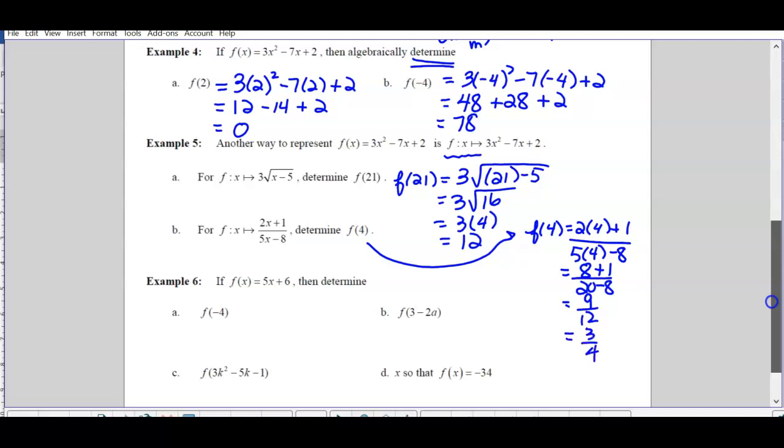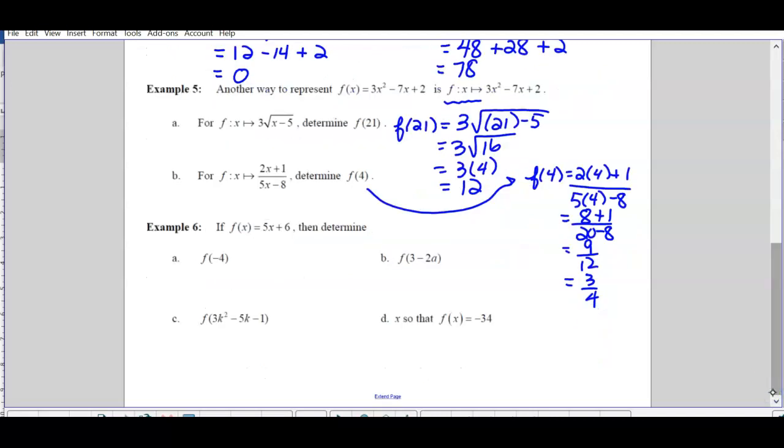Okay. And last question, 6. Linear, determine F of negative 4, so 5 times negative 4. Really important to have brackets if it's negative, otherwise it might look like subtracting. So that's going to be negative 20 plus 6, which is negative 14.